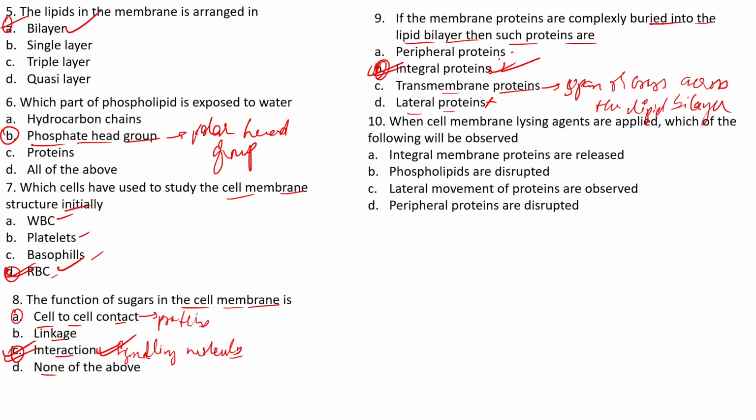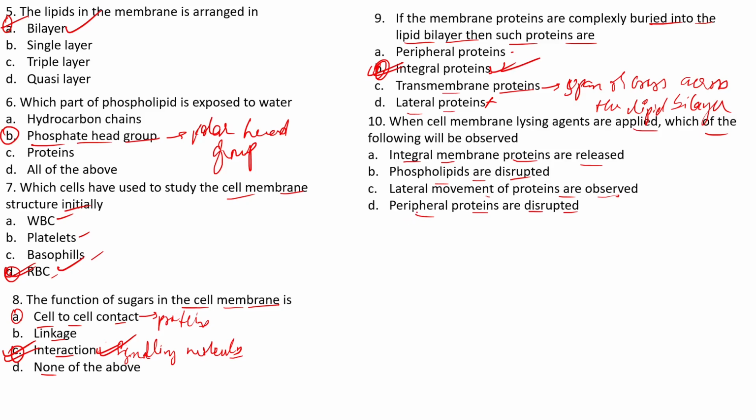Now, when cell membrane lysing agents are applied, which of the following will be observed? The integral membrane proteins are released, phospholipids are disrupted, lateral movement of the proteins is observed, or peripheral proteins are disrupted. Which is the easiest protein that can be removed from the cell membrane?